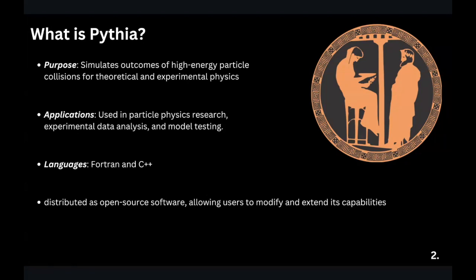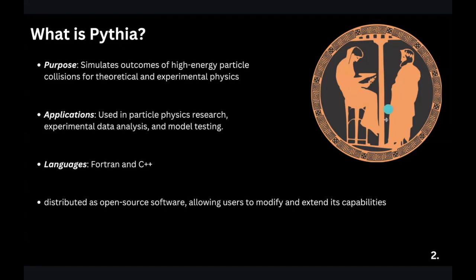This event generator plays a crucial role in theoretical and experimental physics by providing detailed simulations of particle interactions, which helps physicists to compare their experimental results with theoretical simulations, and to develop new theories about the fundamental forces of nature. It's primarily written in Fortran and C++. It has a Python interface, but it has some limitations.